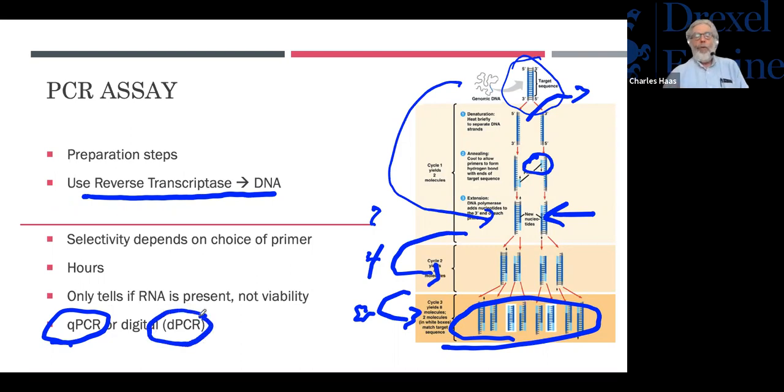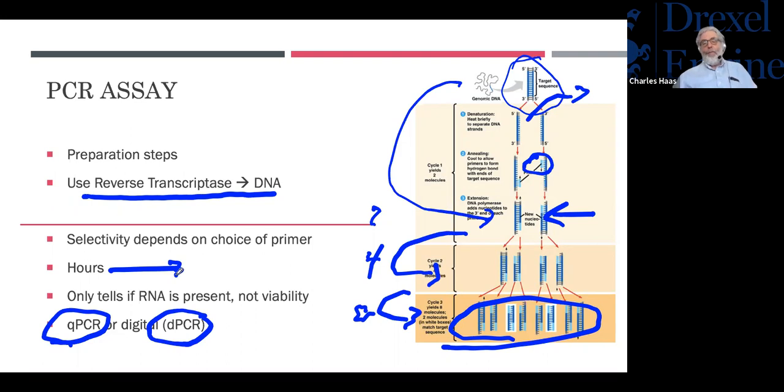And I don't want to go into the details of those methods, but if anybody is interested, raise it within this discussion, and I can put down some references if you want to dig into that technology. Now, this only tells us if RNA is present, not the viability. This test can be done in hours.